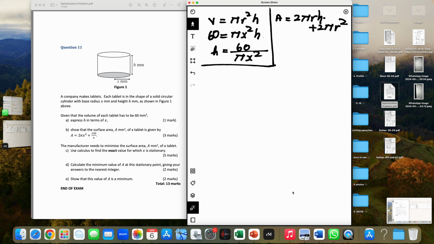Okay, so what is h? You substitute, instead of h, you substitute this one. 2 pi, r is x, we already know that, 2 pi x, h is 60 over pi x squared, plus 2 pi x squared.